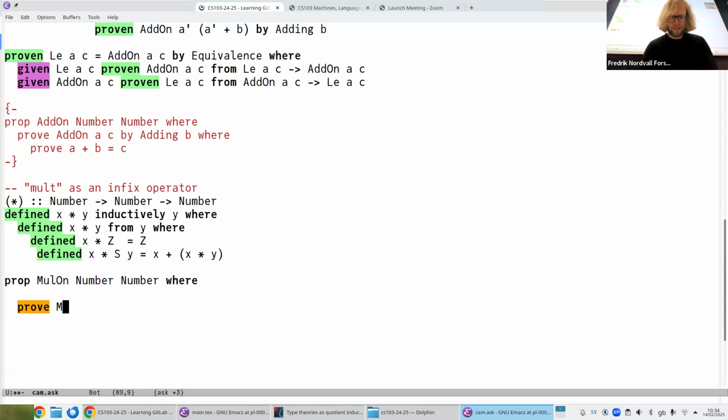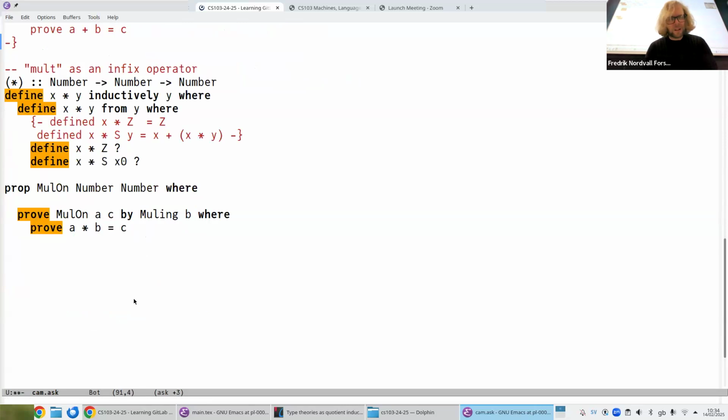Well, to prove malon A C, you do this by mulling with a B. So here I'm naming the method. It has this parameter B, and then you still have to fulfill a proof obligation, which is to prove that A times B equals C. So exactly the same pattern as up here, except that I replace plus with a times.